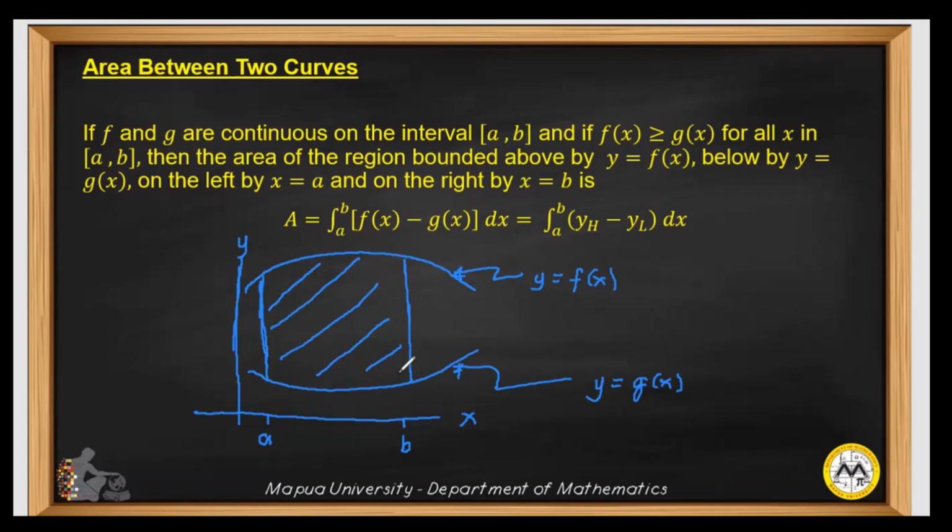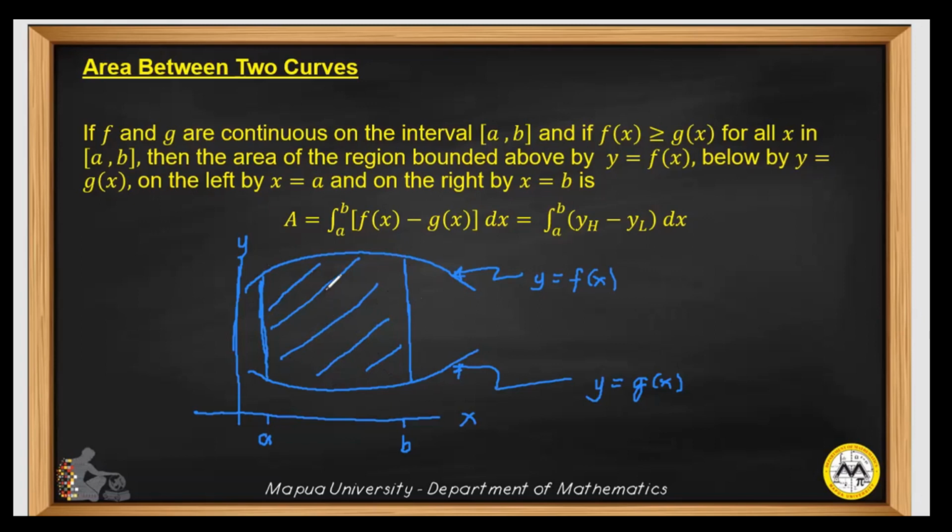Now, if we are interested in the area of the region bounded by the two curves, then we must represent it using the representative element. Of course, we know that the representative element may either be vertical or horizontal.